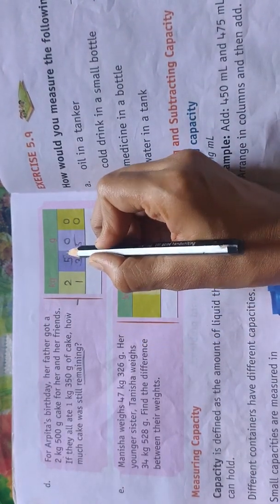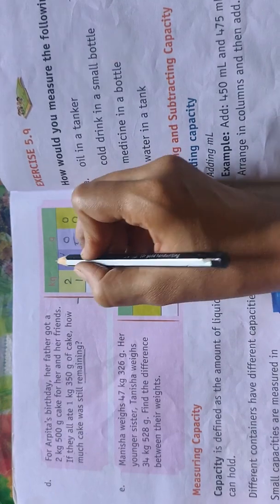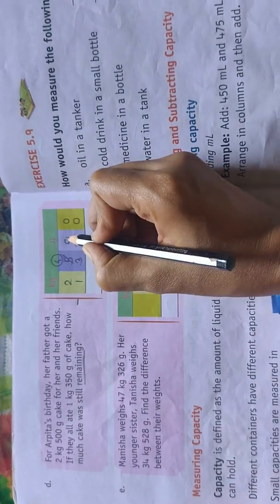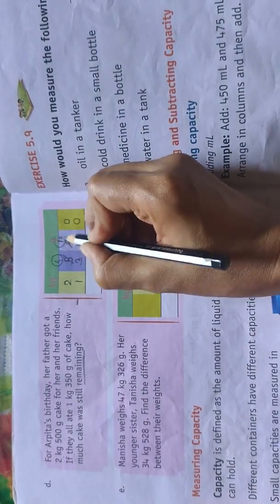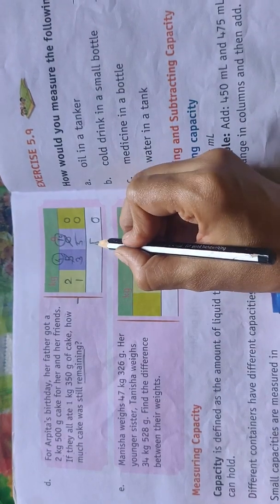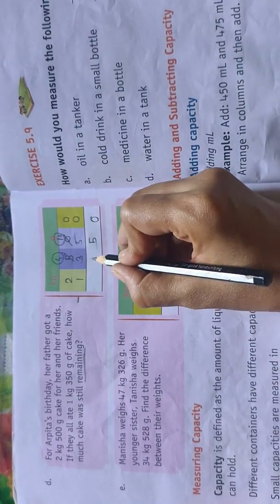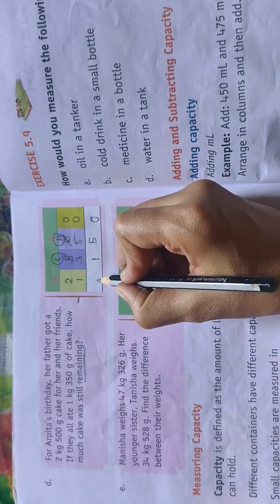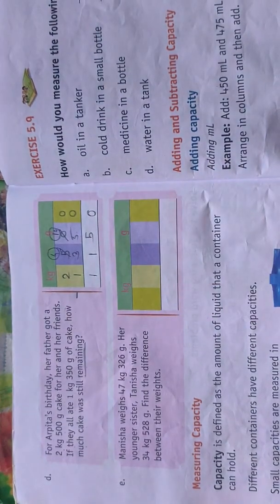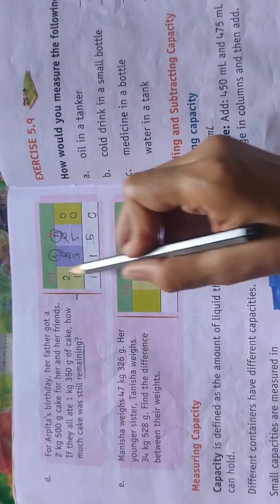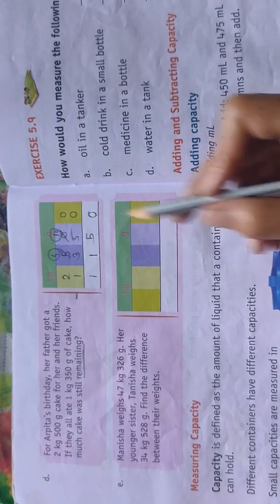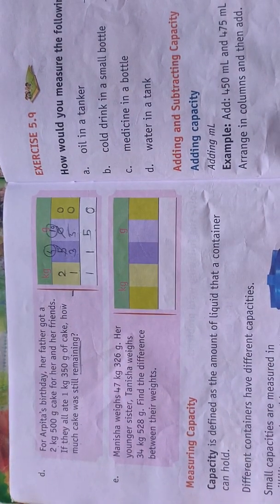So here is 5, if we take 1, how much is left here? 4, and here it becomes 10, 10 minus 5 is 5, 4 minus 3 is 1, 2 minus 1 is 1. So how much cake was still remaining? 1 kg 150 gram of cake is still remaining.